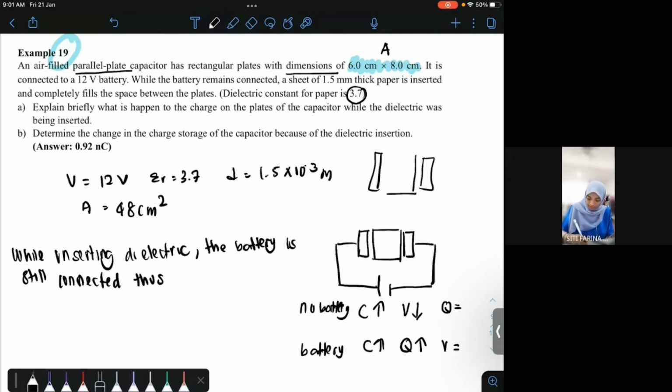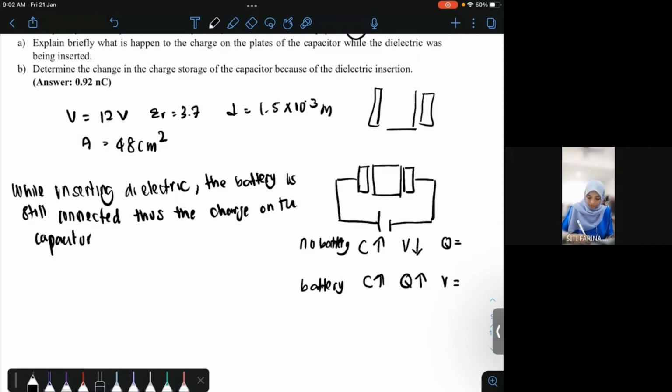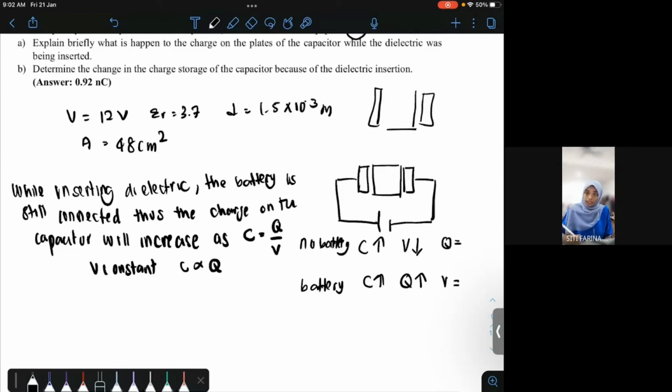Thus, the charge on the capacitor will increase, as C equals Q over V. V is constant, so C is directly proportional to Q. C will increase, so C increases, Q increases. Right?